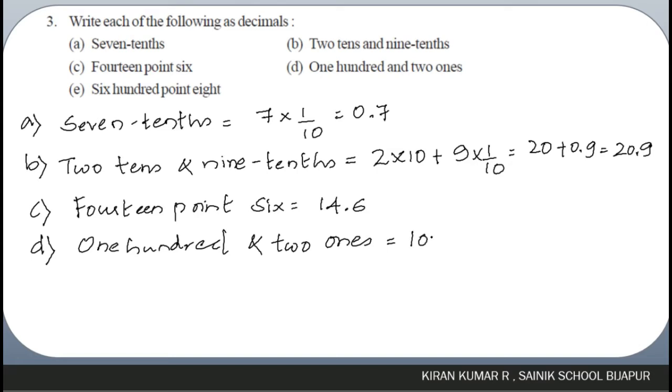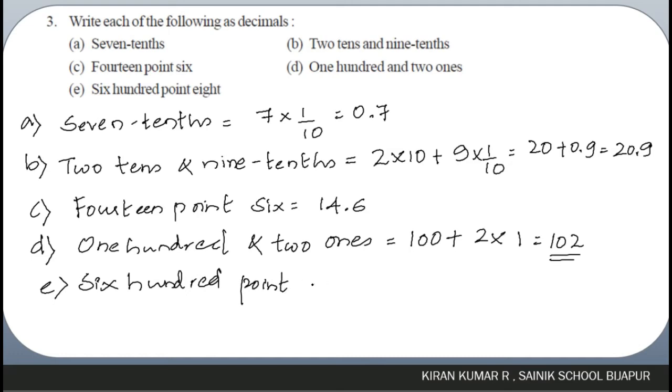So this is nothing but 100 added to 2 ones. So it is 2 multiplied by 1. We get 102. There is no decimal place over here. Fifth one, 600.8. This is pretty easy. 600 is our integral part and the decimal part is having only 8.